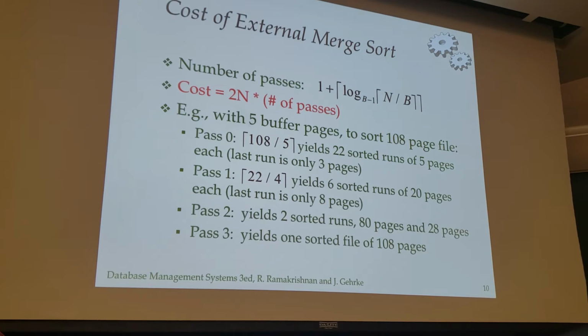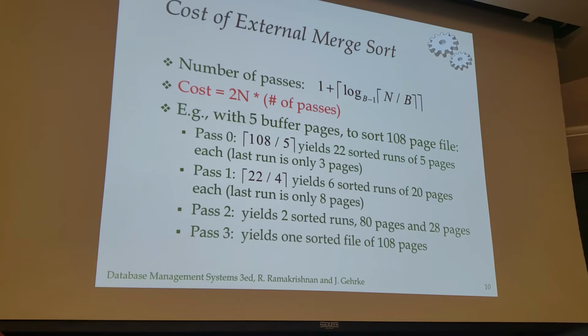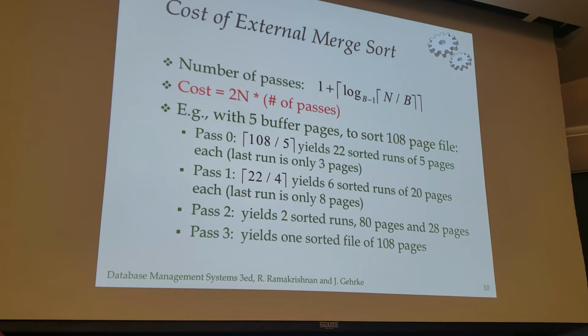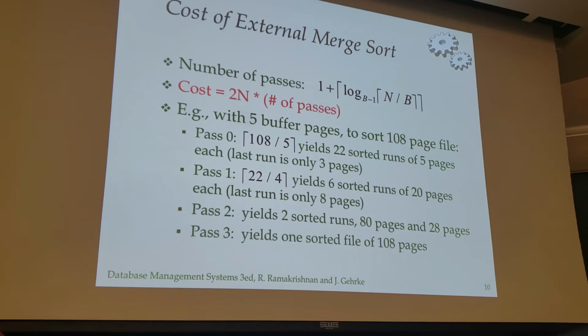And then for the last stuff, we'll only be dealing with the remaining 28 pages, so we'll produce a run of size 28. We'll be merging together a run of size 20 and a run of size 8 to get a run of size 28. And then finally, we get one sorted file that has 108 pages in it, and that ends up giving us the result. So that's how the thing ends up working.